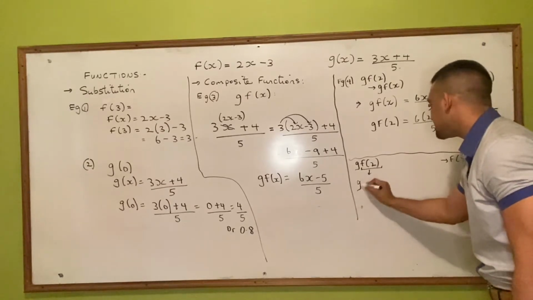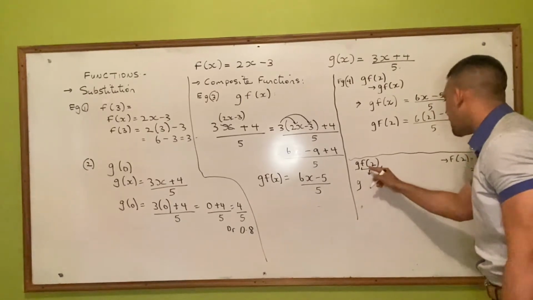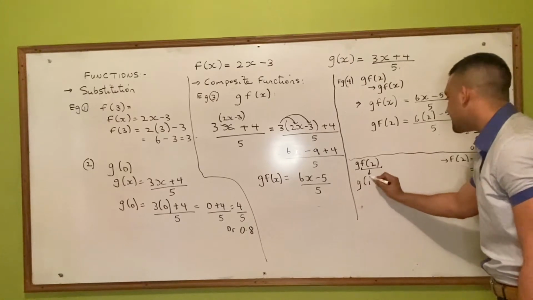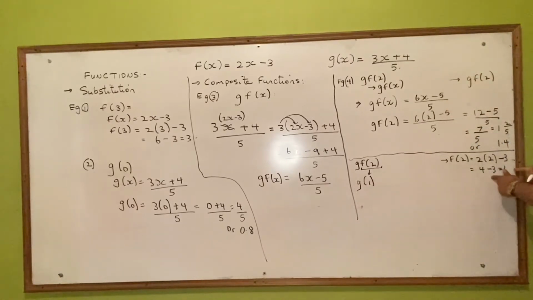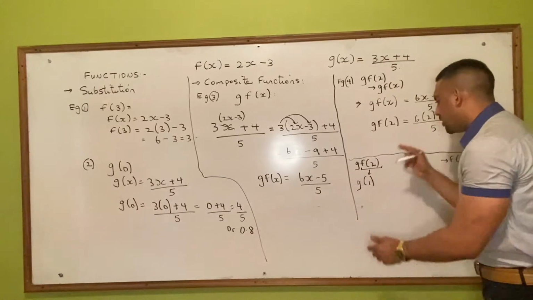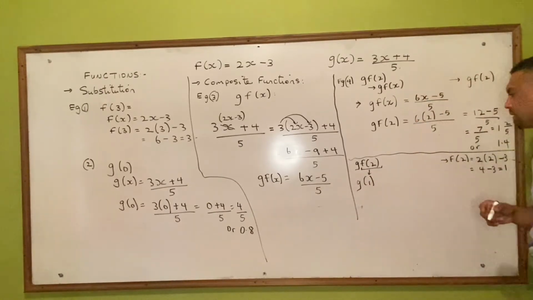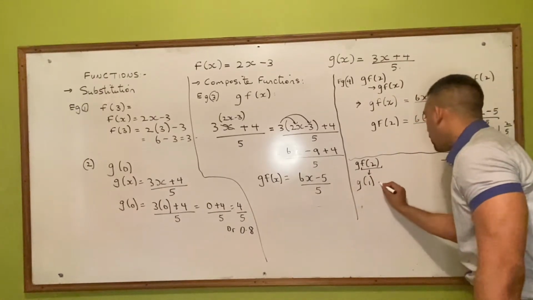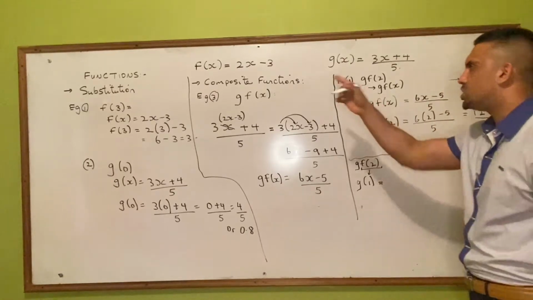So if this expression is simplified, in place of writing f of 2, you replace f of 2 with 1, because that is what we got for f of 2. And now you find out g of 1. To find g of 1, you're taking the g of x function.